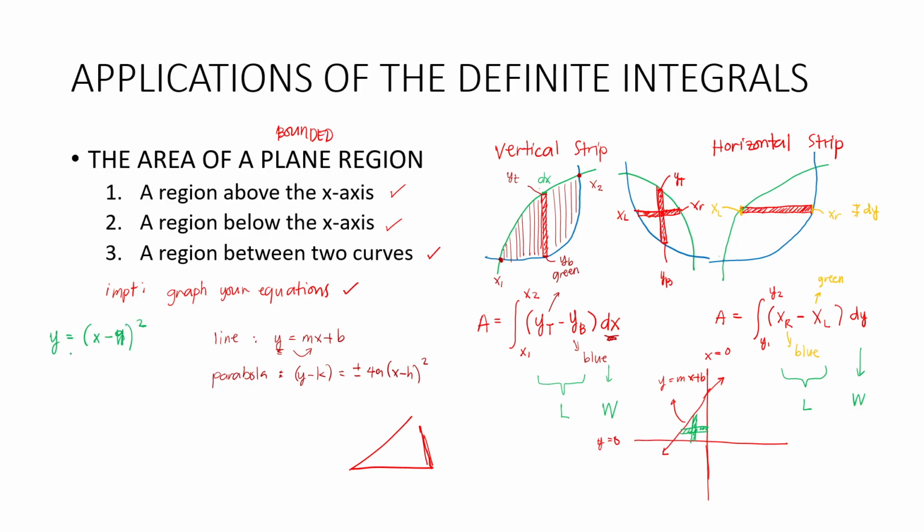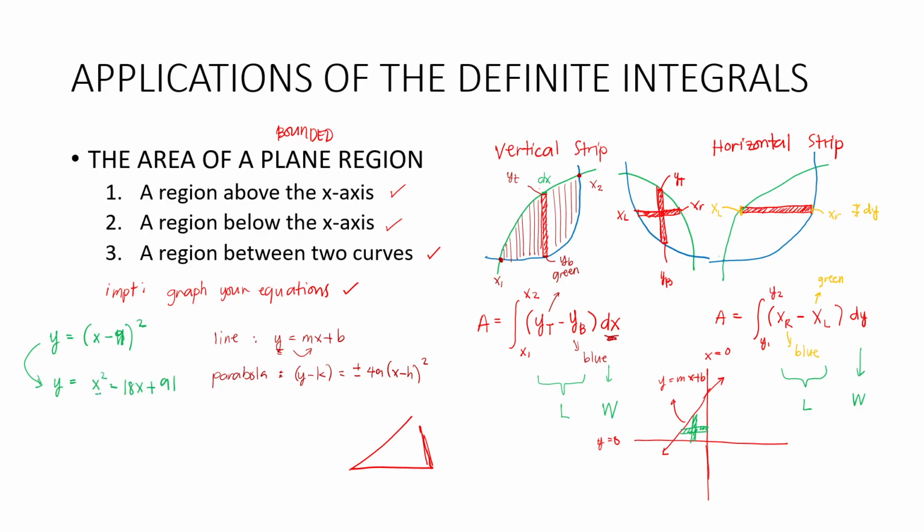So in terms of y, it's okay for vertical strip, but in terms of x, you still have to convert this one into its corresponding y terms, di ba? So expanding x squared minus 18x plus 91 is difficult.